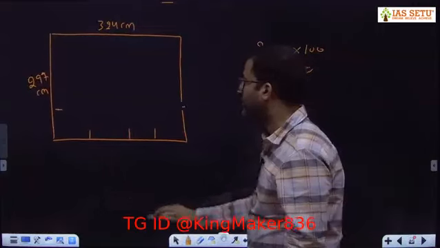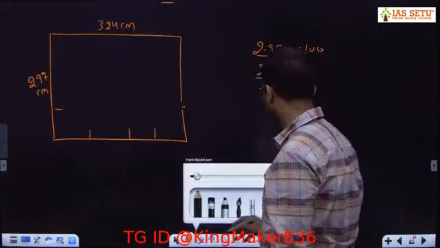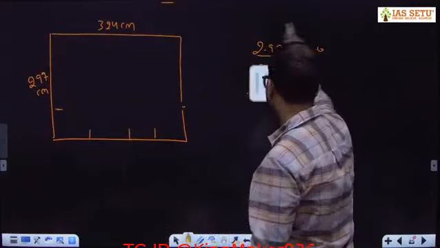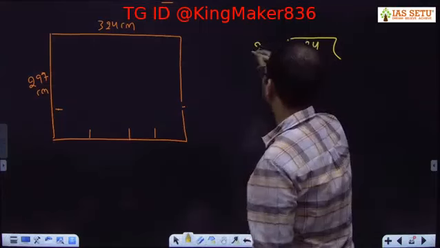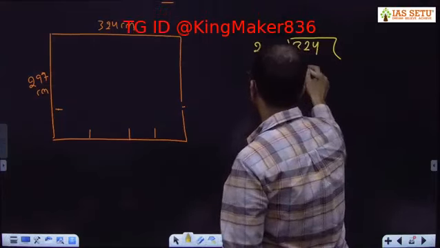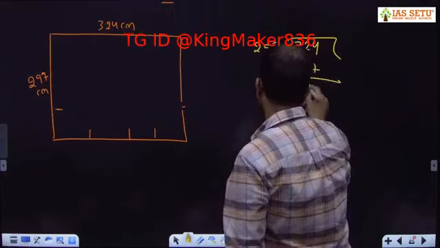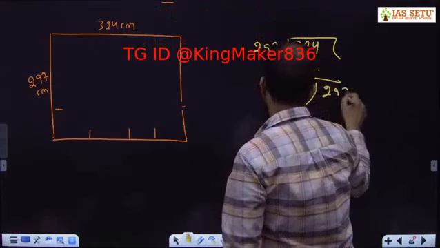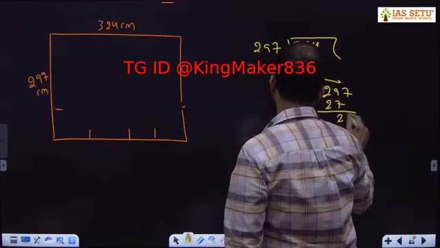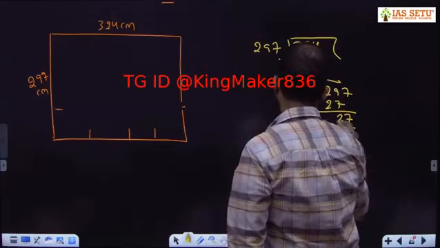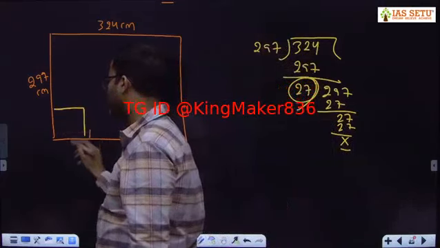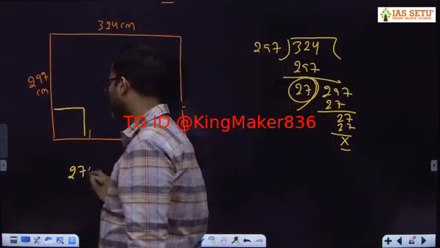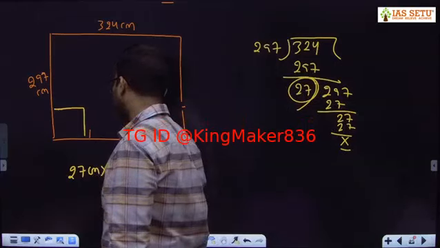We find the HCF of 297 and 324. 324 divided by 297: 297 ones are 297, remainder 27, 297, 27. So here your last divisor is 27. So the largest possible size of the tile is 27 centimeter by 27 centimeter.